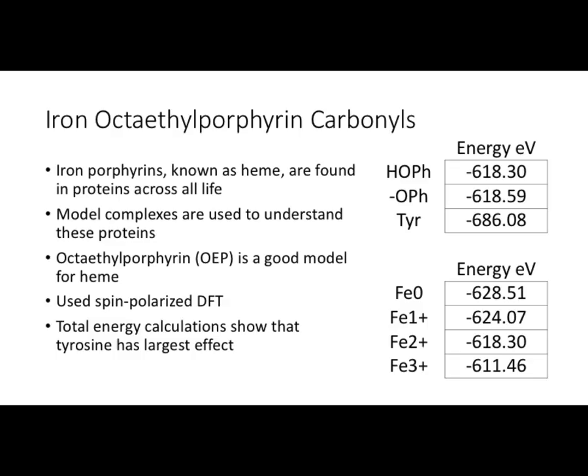And then 2 filled, 1 with 1 in it, 2 empty. Does that make sense? Yep. Okay. Yeah, so iron 0 has 8 D electrons. Very good.